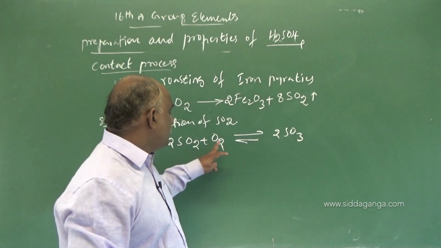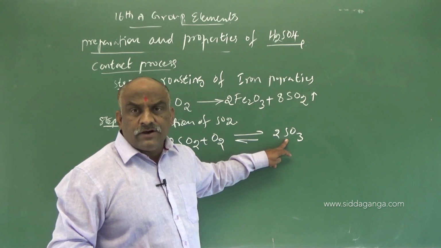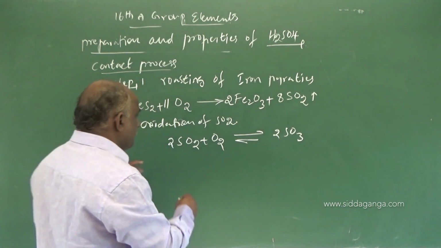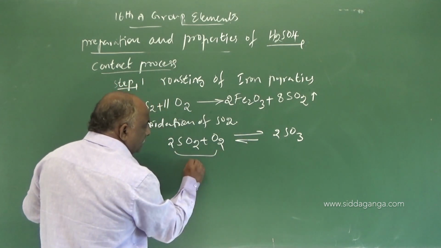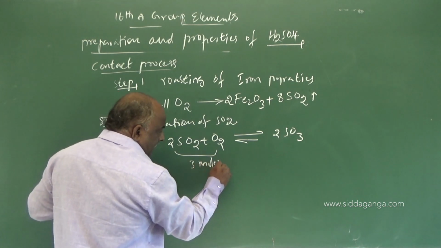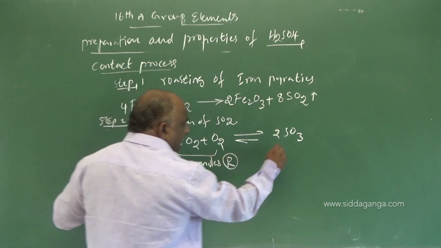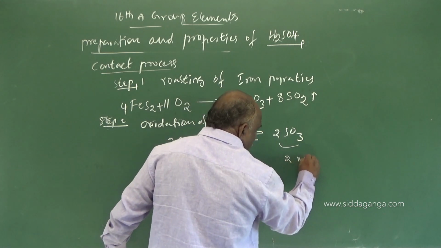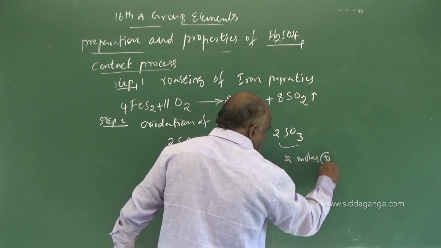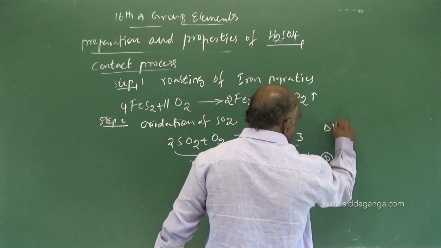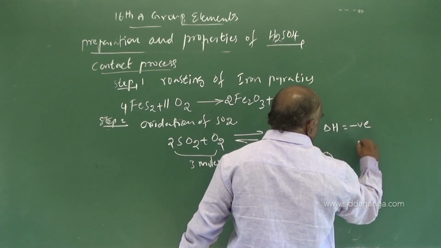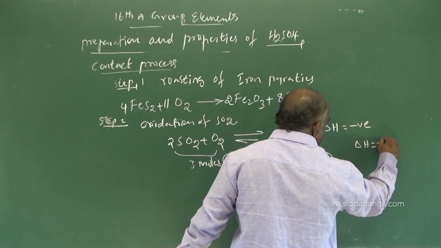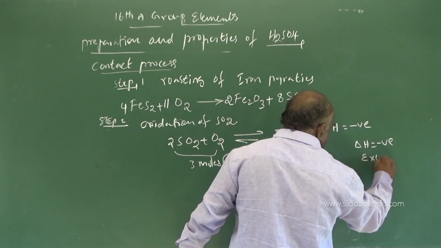Sulfur dioxide combines with oxygen to give sulfur trioxide. Observe here: 3 moles of reactants and 2 moles of products, and delta H is negative, which stands for an exothermic reaction.